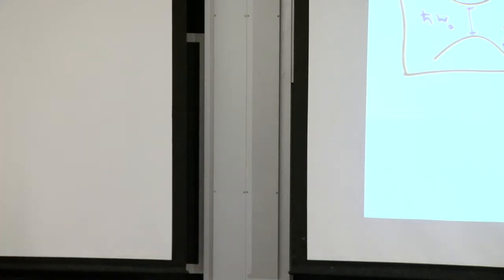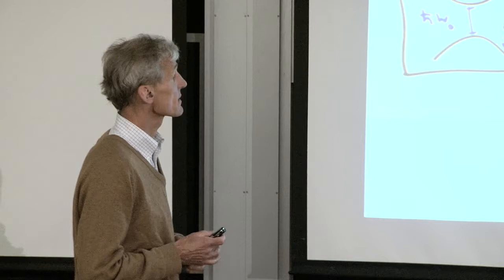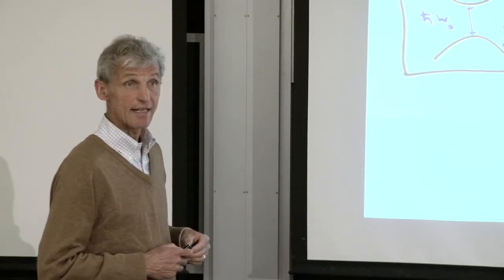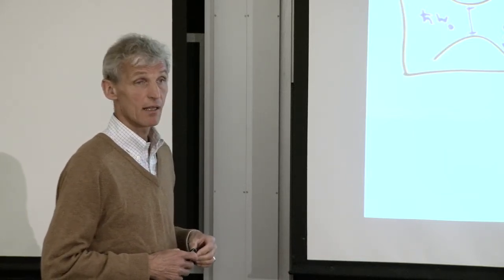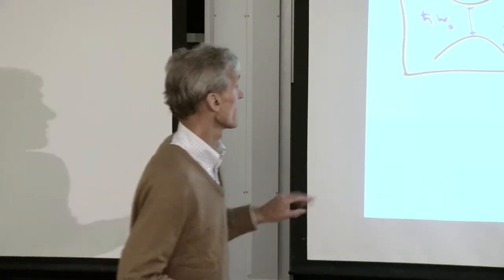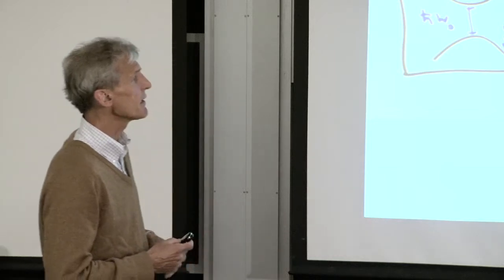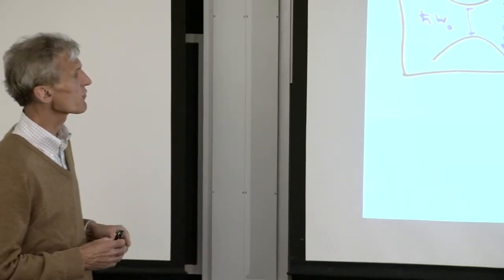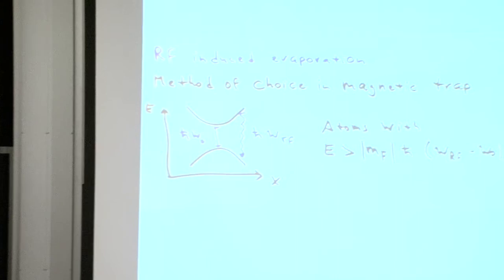Okay, now how do we define eta? How do we select the energy threshold for evaporation? For many, many years, Bose-Einstein condensation was mainly done in magnetic traps, and there were two methods.